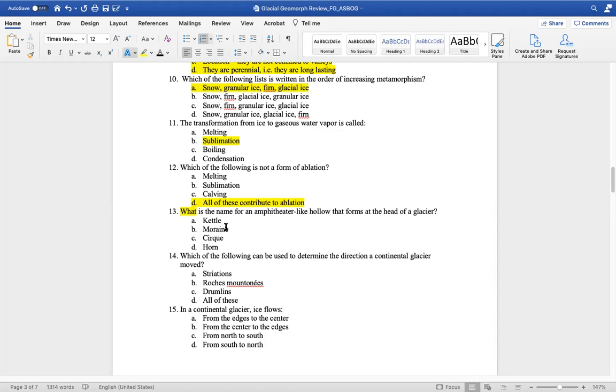And while a kettle is a depression, it forms because of the retreat of a glacier in an outwash plain. So not at the head of a glacier. A cirque is what we're looking for.